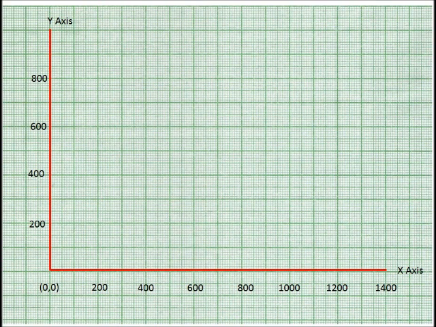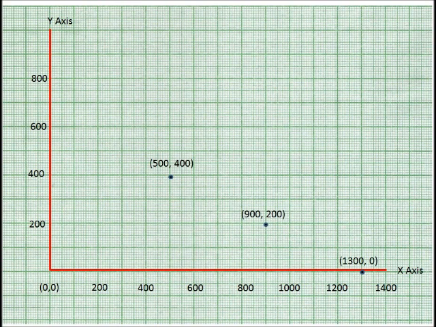One is a horizontal line, that is the x-axis, and one is a vertical line, that is the y-axis, and mark the scale on both axes. On the x-axis we will mark 0, 200, 400, 600, 800, 1000, 1200 and 1400. On the y-axis, we will mark 200, 400, 600, 800.